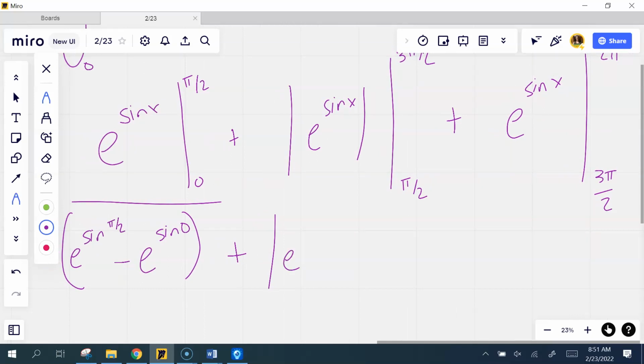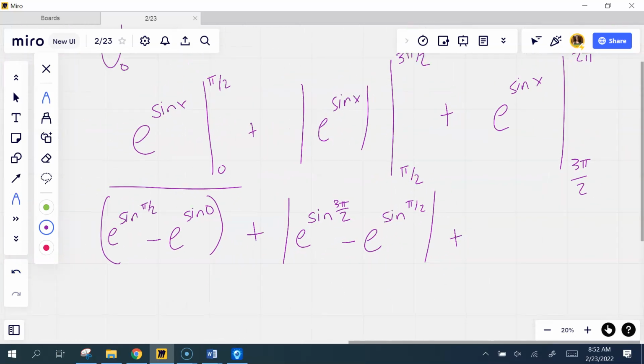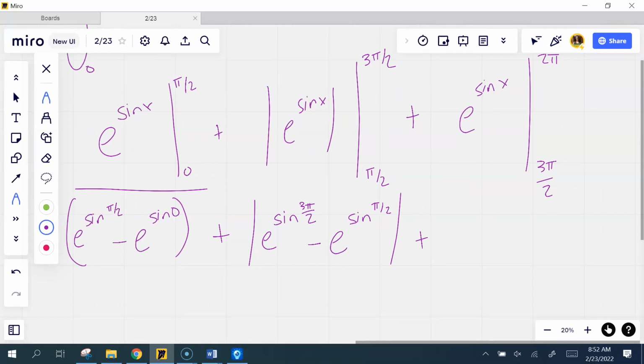Okay, e to the sine 3 pi over 2 minus e to the sine pi over 2. Upper bound minus lower bound, right? Okay, plus e to the sine 2 pi minus e to the sine 3 pi over 2.